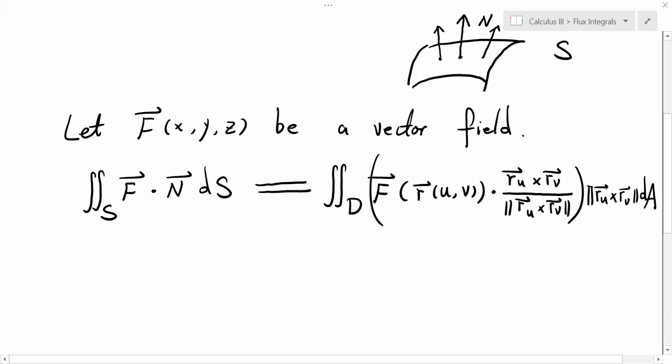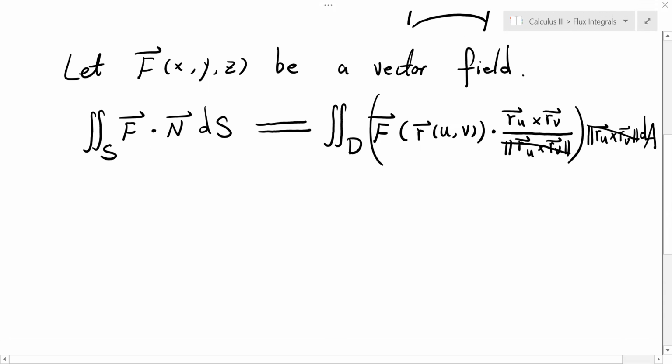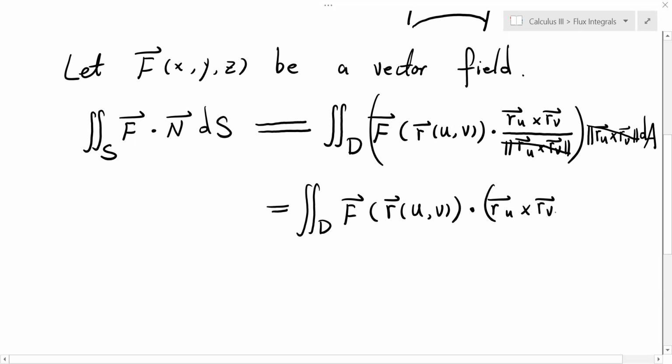So those two magnitudes are going to be canceling each other, so that what we're left with is the double integral of capital F of R of u comma v dot product with just the cross product between R sub u and R sub v. So that would be the formula that we're going to be using in computing the flux integral of a vector field over a parametric surface.